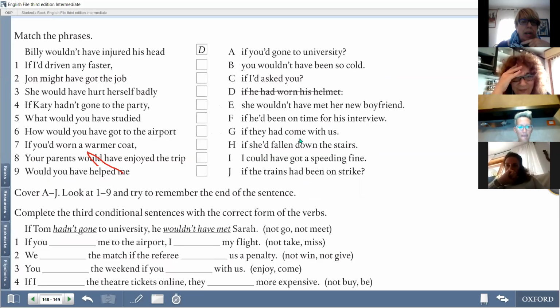Very good, super. I know that doing this exercise is helping you to understand the way we use the third conditional, but it's not immediate that you yourself are going to use the third conditional in a fluent way.